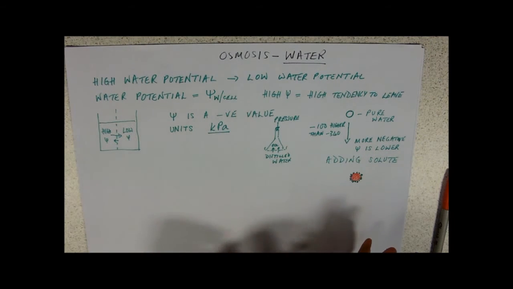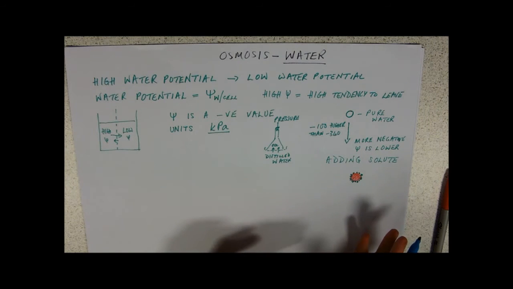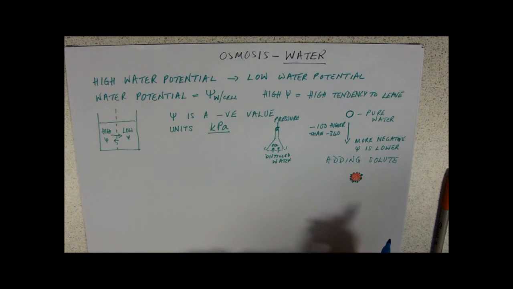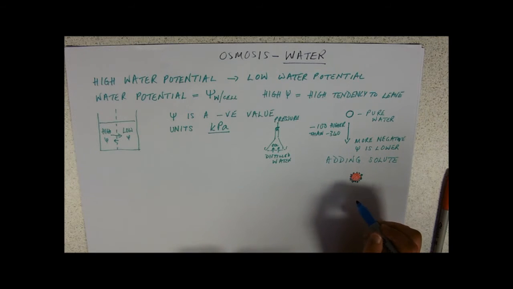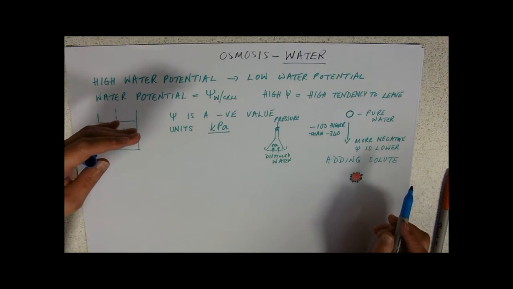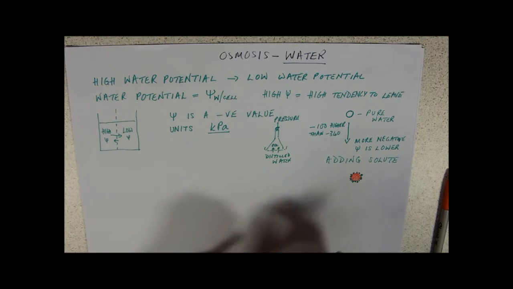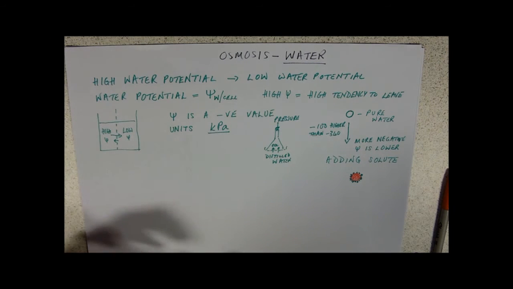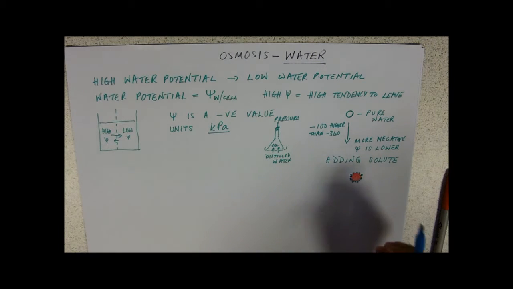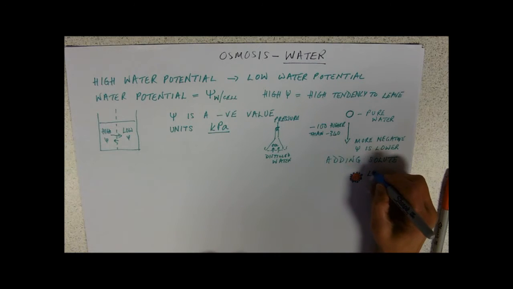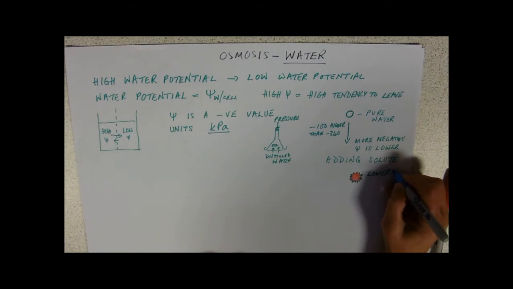That takes out the free water from that solution. So those water molecules are not now able to contribute to the water potential because they're too busy loving the solute. So the free water molecules will decrease in number, and this will lower the water potential.